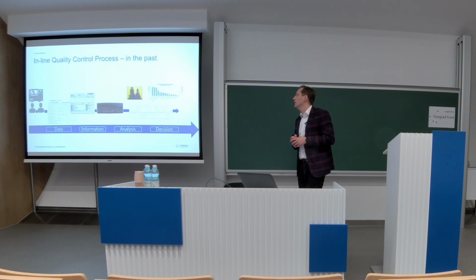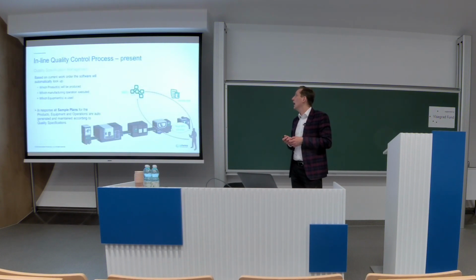Today also we can find in some plants, some manufacturing factories, this kind of situation. It's not good, but how could it look and how should it look in the future?